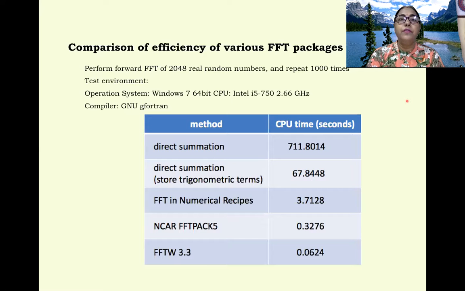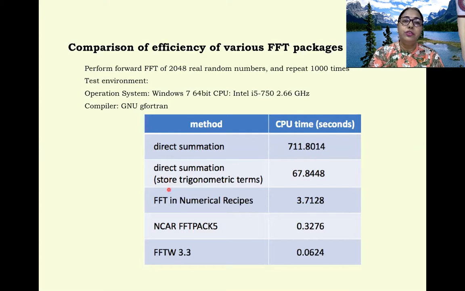Now, comparison of efficiency of various FFT packages. Perform forward FFT of 2048 real random numbers and repeat 1000 times. Test environment: operating system Windows 7 64-bit, CPU Intel i5, compiler GNU Fortran. Discrete summation CPU time is 711.8014 seconds.